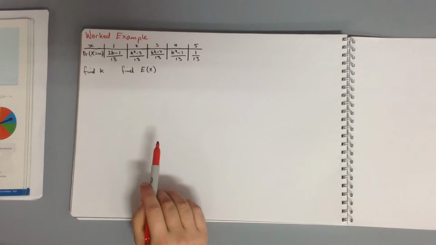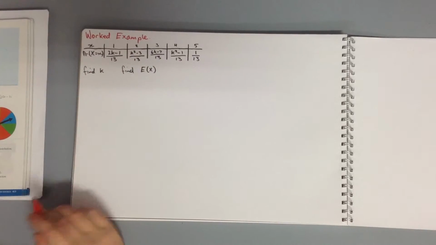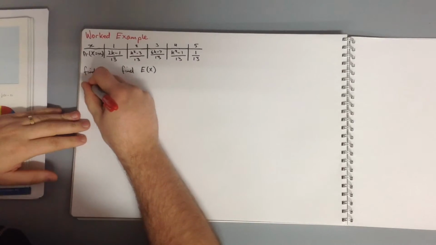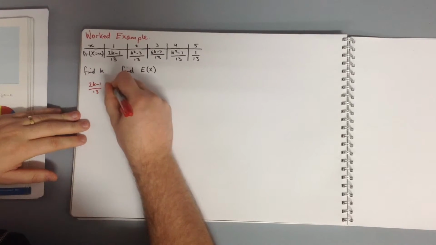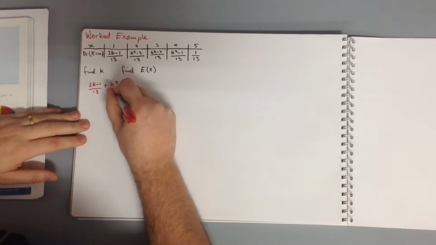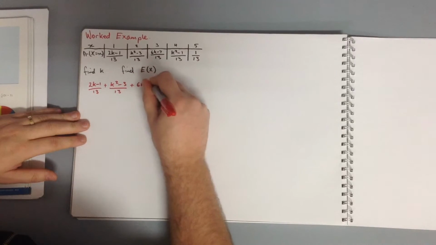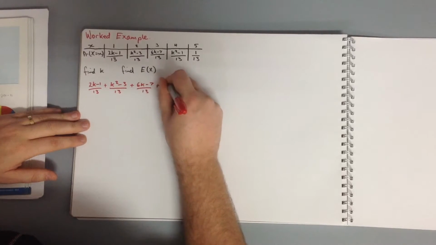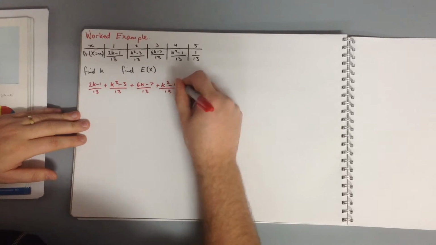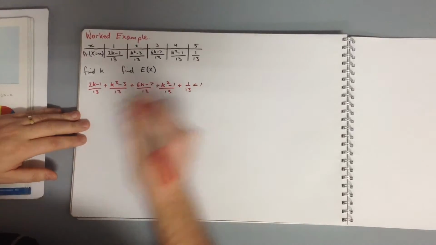Okay, so how would we go about trying to find k in this one? Well, we need to remember that the sum of our probabilities equals 1. So we say 2k minus 1 on 13 plus k squared minus 3 on 13 plus 6k minus 7 on 13 plus k squared minus 1 on 13 plus 1 on 13 is equal to 1.